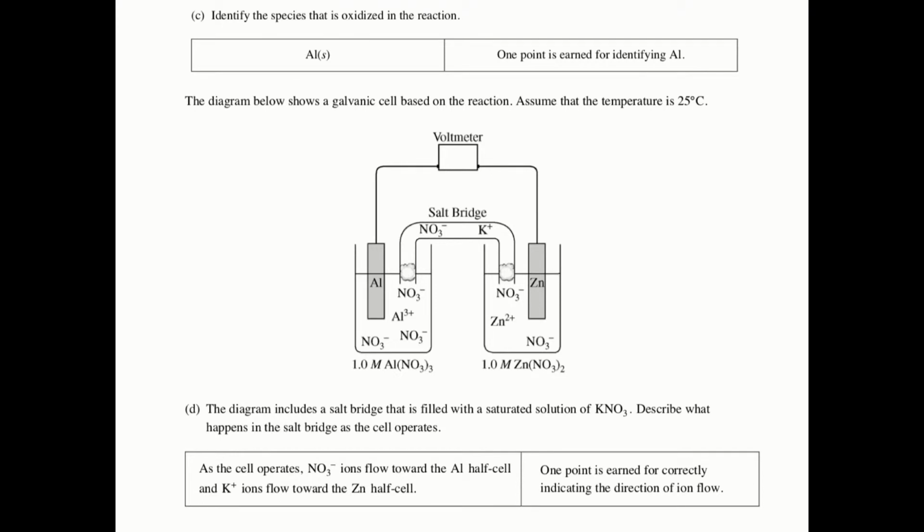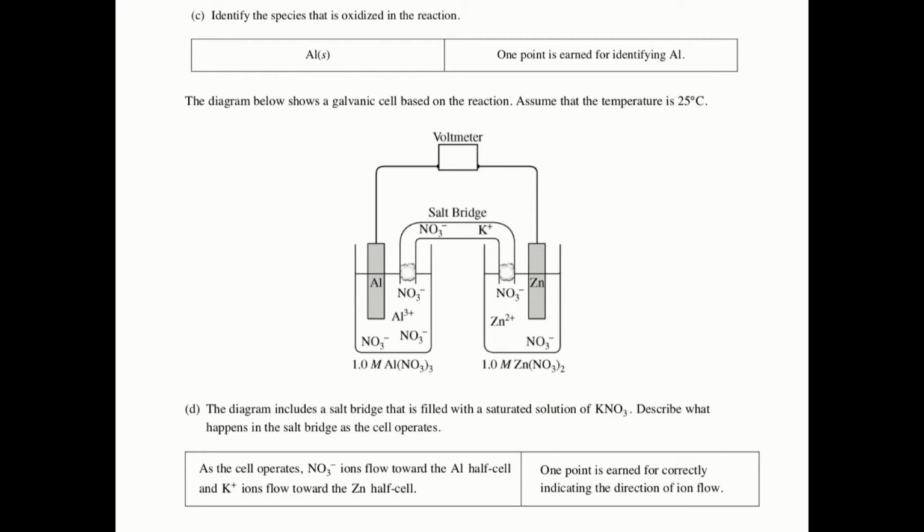For D, it says the diagram includes a salt bridge that is filled with a saturated solution of potassium nitrate. Describe what happens in the salt bridge as the cell operates. So keep in mind, since aluminum is being oxidized, it is becoming Al3+. So the mass of aluminum is decreasing because it's becoming aluminum 3+. In order to avoid that positive charge from building up, NO3- is going to move into the anode.